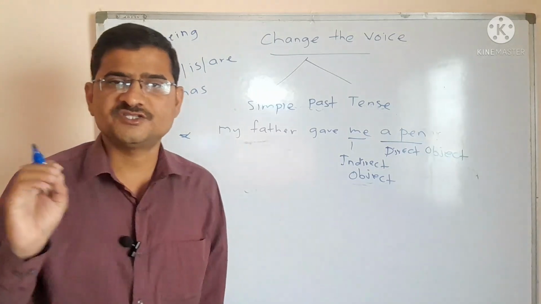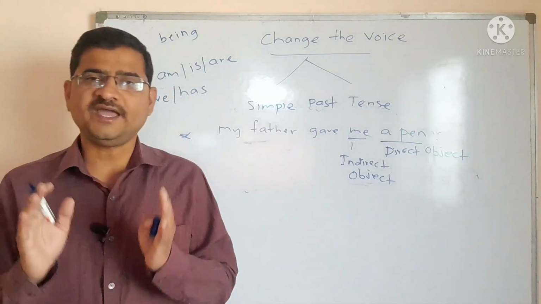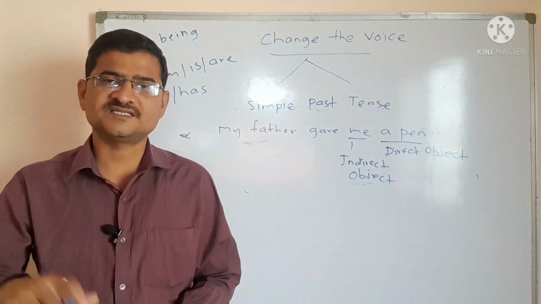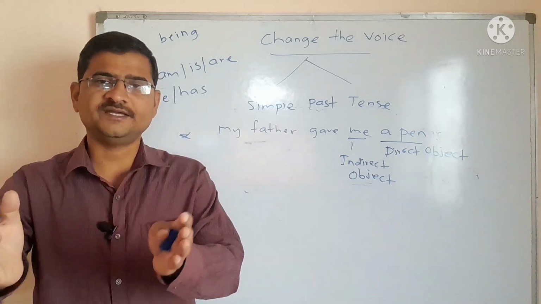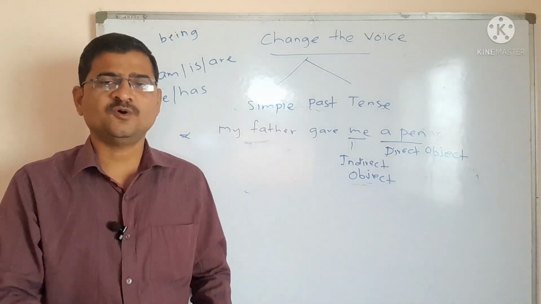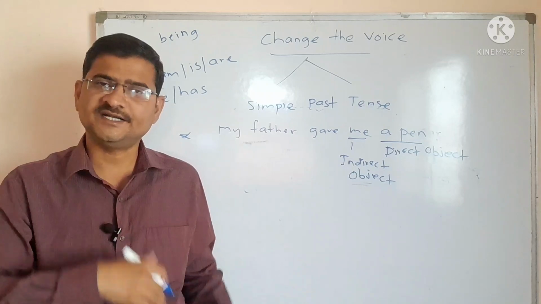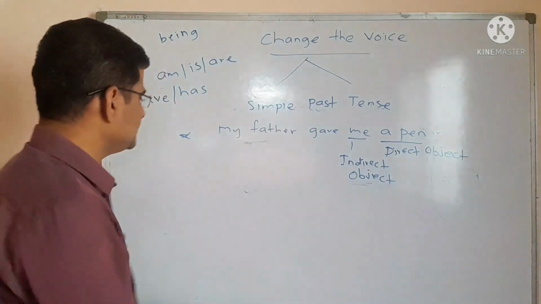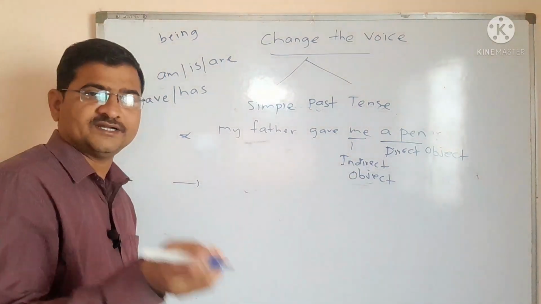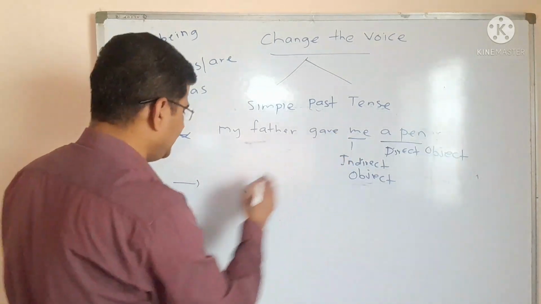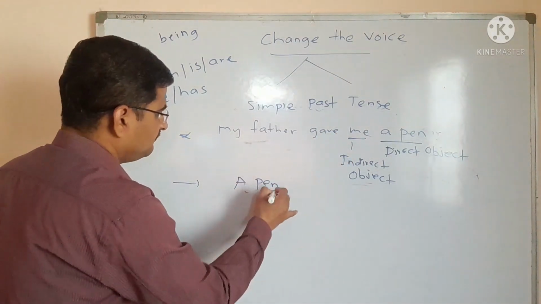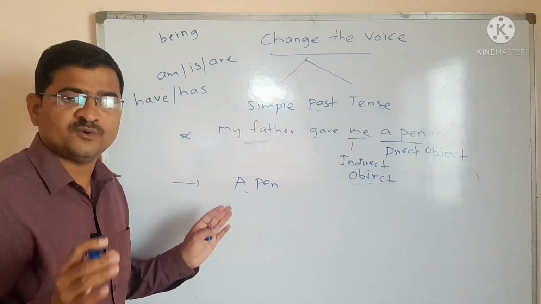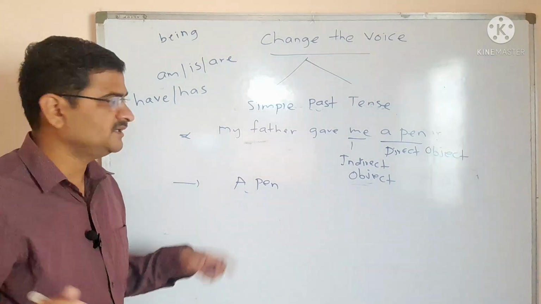So we can change this sentence of an active voice into the passive voice by two ways. You can take the direct object at the beginning, or you can take an indirect object at the beginning. So see here, first of all I will take a direct object at the beginning, a pen. After this you have to use a helping verb.